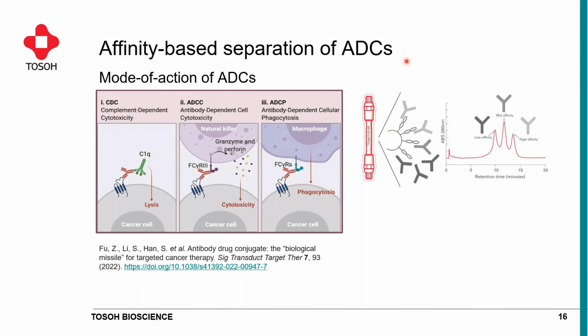Now, if we inject antibodies or ADCs onto the stationary phase, they will bind to this receptor and they will be separated using a pH gradient, which is lower, by affinity to this specific receptor.